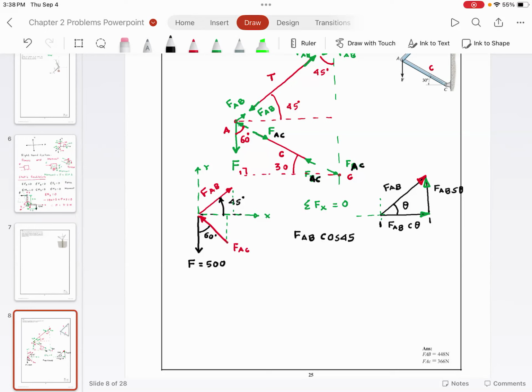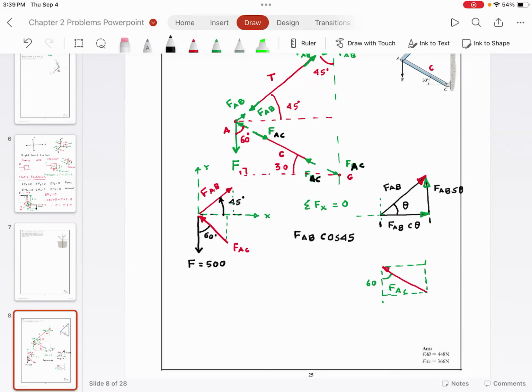Now what happens to FAC? FAC is in this direction. If I want to find its component, I'm going to draw this is FAC, and this angle is 60 degrees. It might be easier if I complete this triangle here.